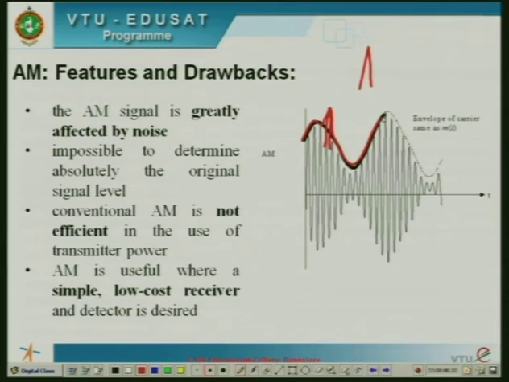So what is happening? It affects the amplitude of an AM signal after you do the demodulation process, and that is why we say that an AM signal is greatly affected by noise. We know that noise will be available in all the frequency ranges. So wide noise will be present from 0 to infinite frequencies.